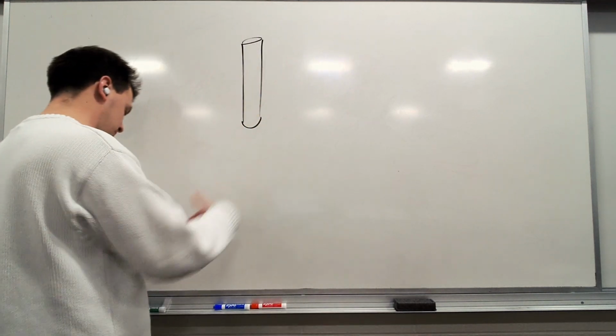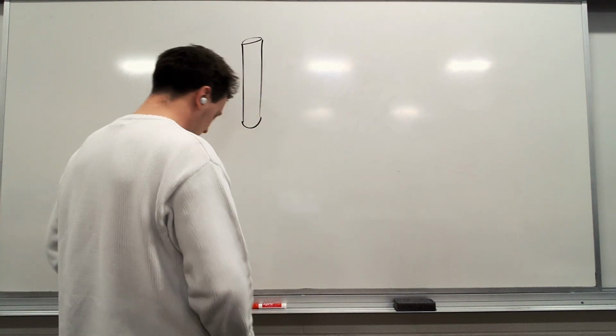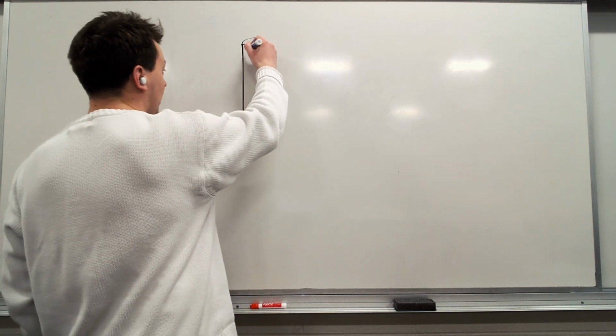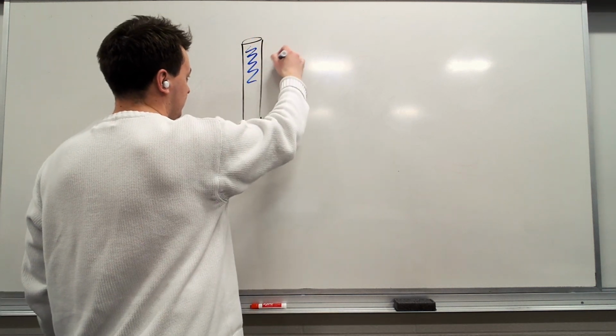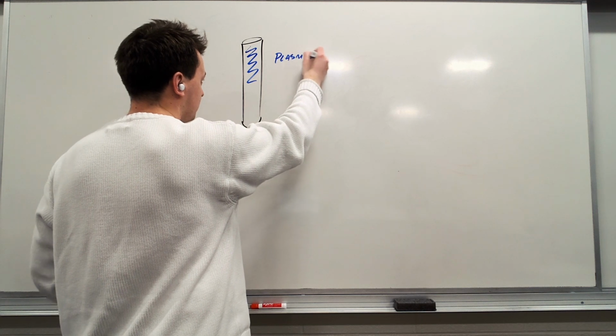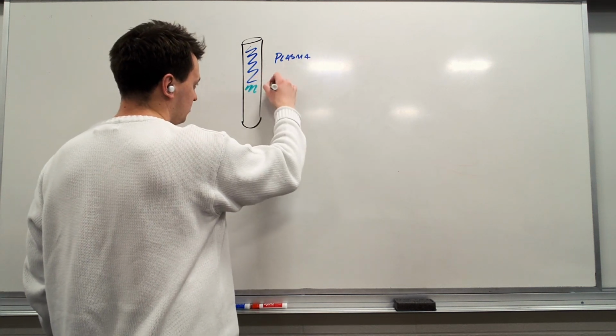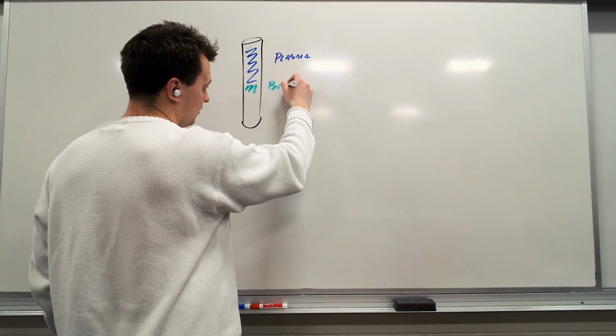So if we did that to blood, and this is normal blood, we have three main things that we see within it. The top layer is plasma. Then we have this thing called a buffy coat or buffy layer.